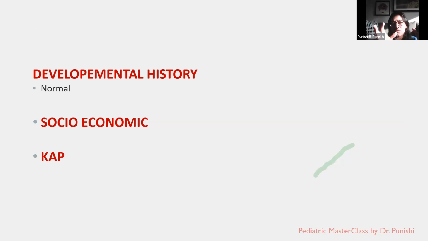Developmental history most likely should be normal in nephrotic syndrome, but again, that needs to be taken in detail with all the four domains. Socioeconomic history, according to modified Kuppuswamy, what class they fall into. And again, knowledge, attitude, practice becomes very important because this is a chronic illness. So, what the parents know about the disease, what is their attitude, how compliant they are with the practice they have been told.